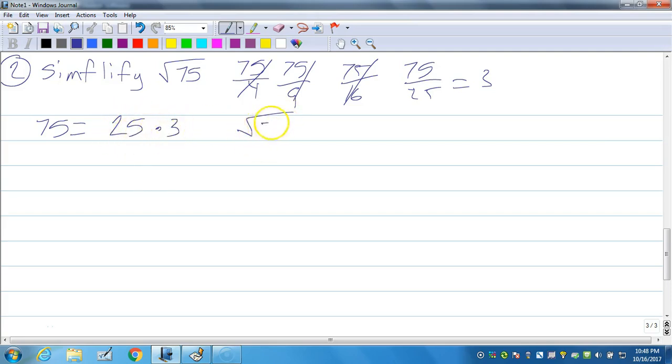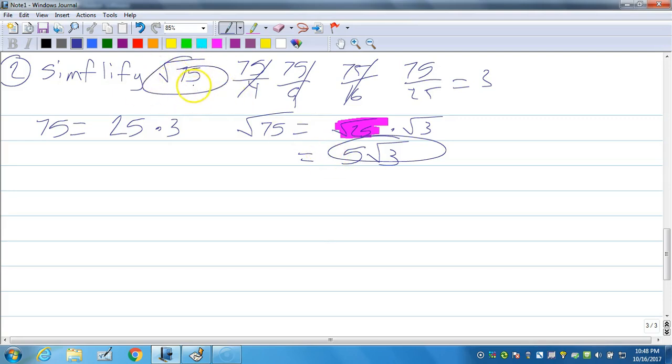That means the square root of 75 is equal to the square root of 25 times the square root of 3. The square root of 25 is going to give us 5. So this is equal to 5 times the square root of 3, and we're done. So square root of 75 simplified as 5 square root of 3.